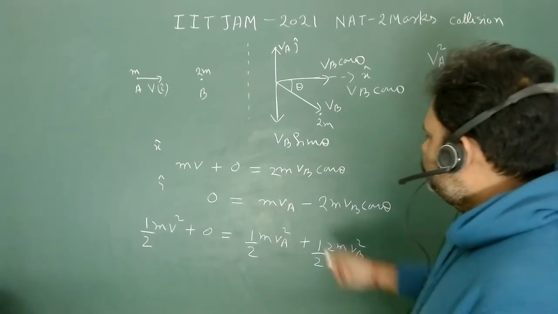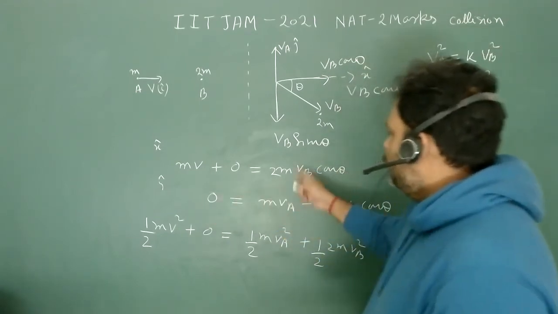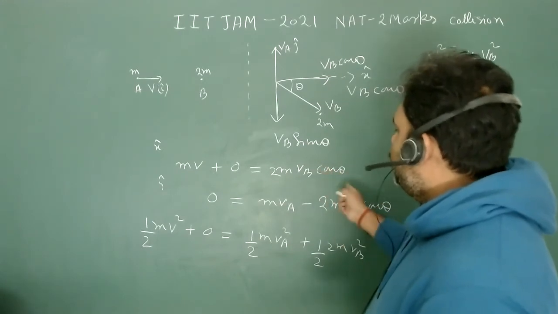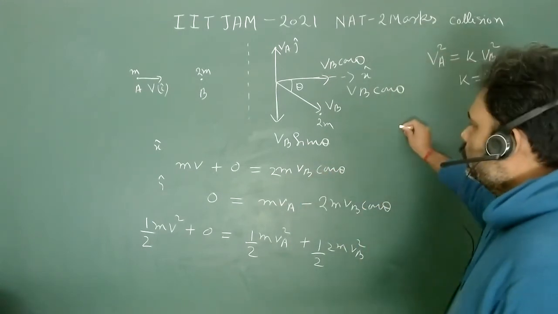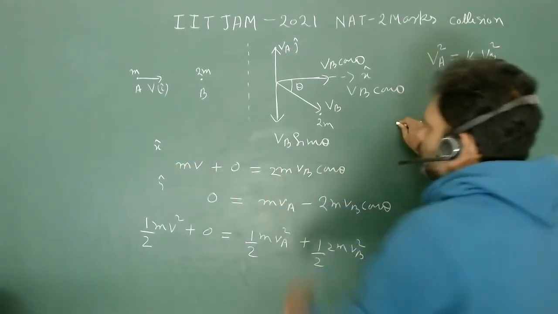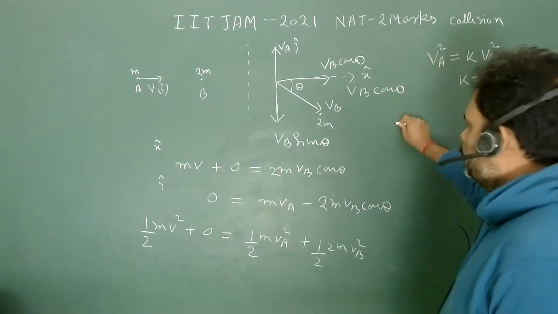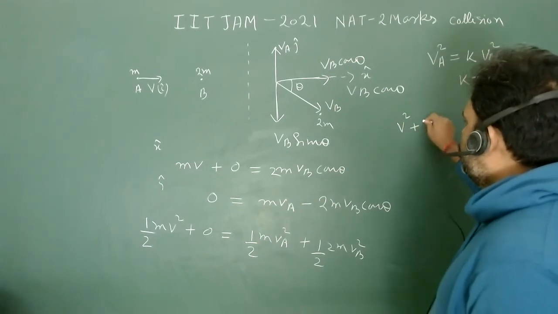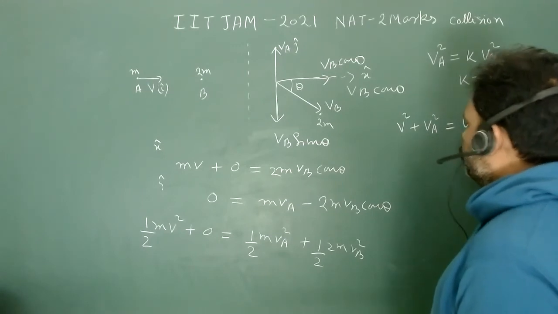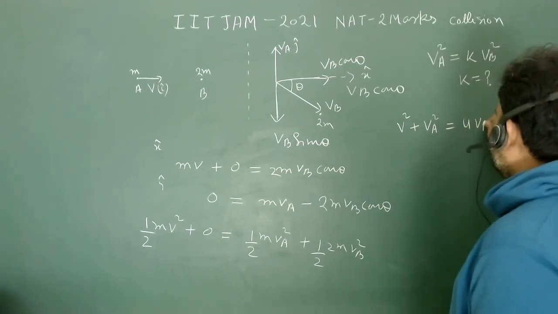So we will take the momentum equations, square them and add. The m will cancel out, so we get v square plus VA square is equal to 4 times VB square.